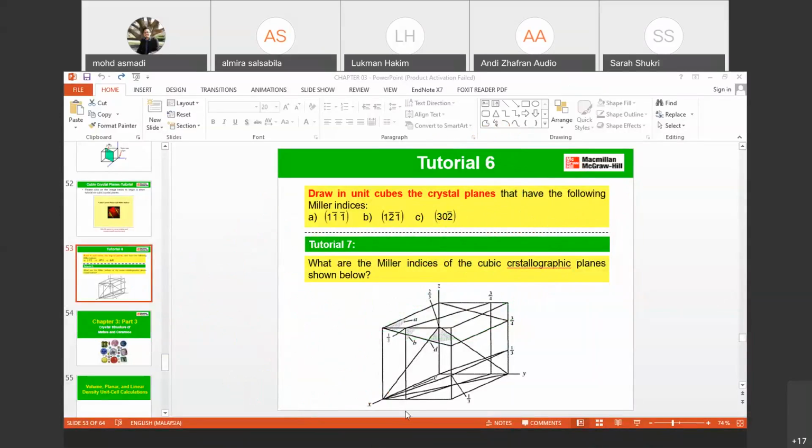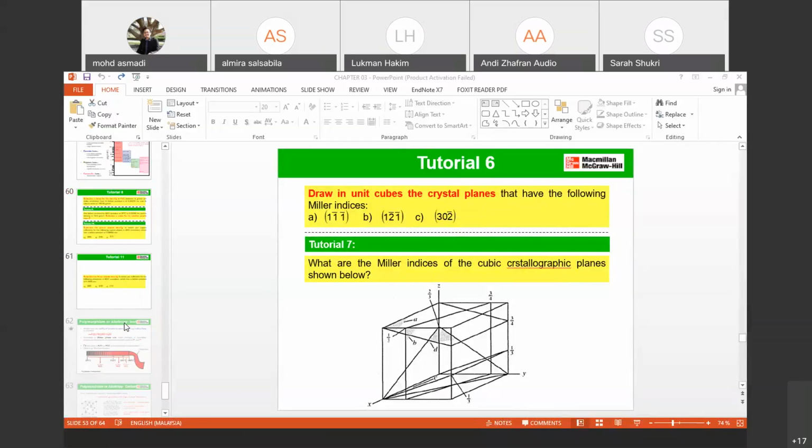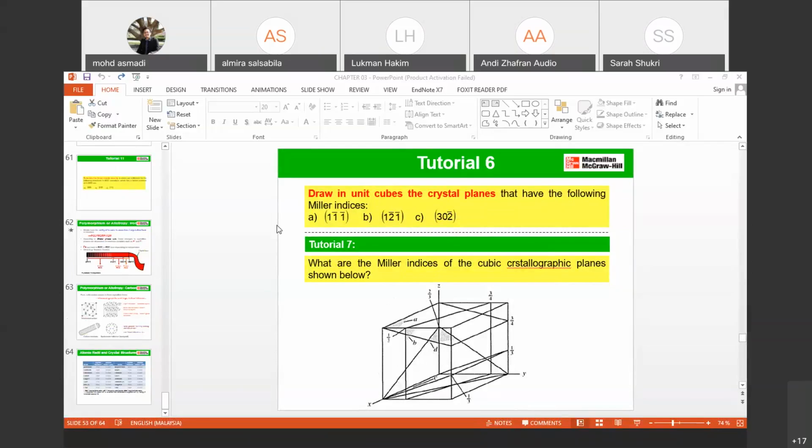Please do this tutorial, and then tomorrow we will cover planar density as well as linear density, as well as polymorphism and allotropy.